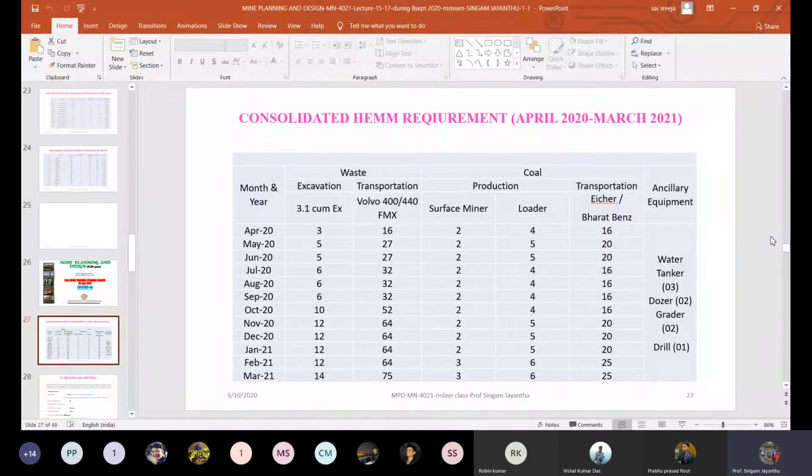That means the dumpers and everything required to transport, because they are not using belt conveyors, stacking or stack conveyors here. An in-pit crusher conveying system is not used here. It is a simple shovel-dumper combination. So in that way, they have planned like this.